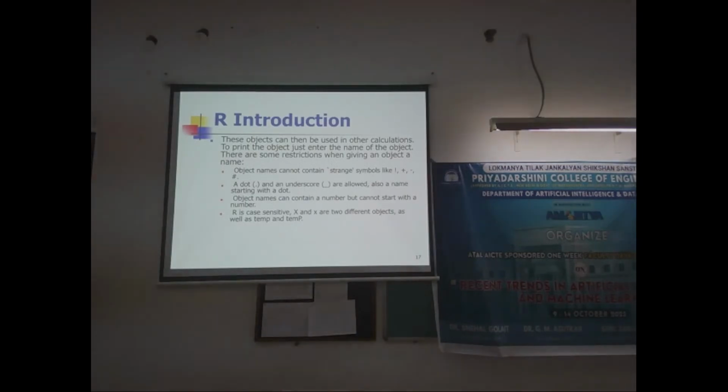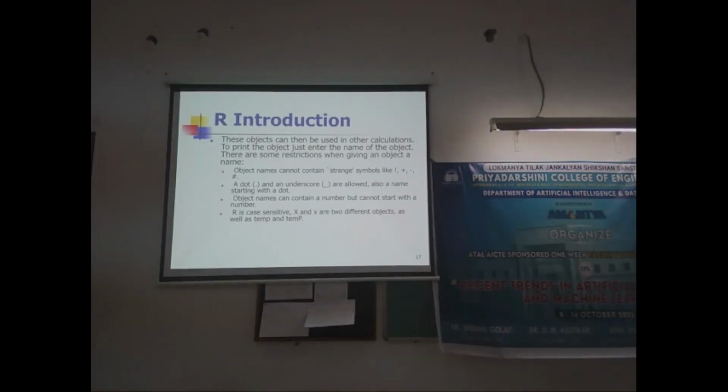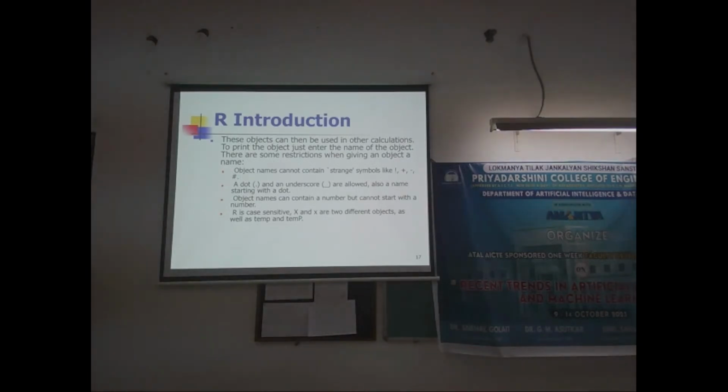It should not contain any strange symbols like exclamation, plus, hyphen. That is not allowed, right? You can use dot and you can use underscore. Even a name can start with a dot operator, right? Again, any object name cannot start with a number.